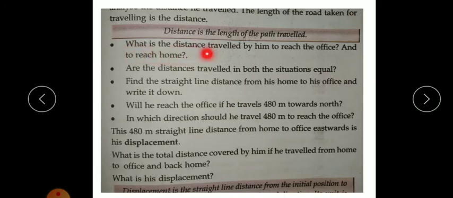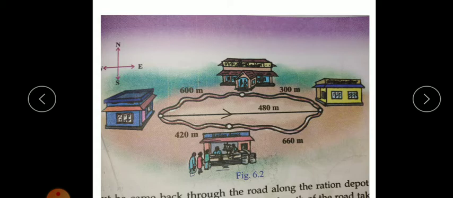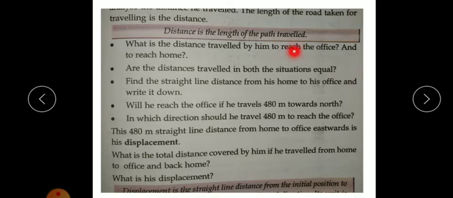What is the distance traveled by him to reach the office and to reach the home? So the distance traveled by the person from home to office along hospital is how much? 600 plus 300 gives how much? You have to write the answer here.